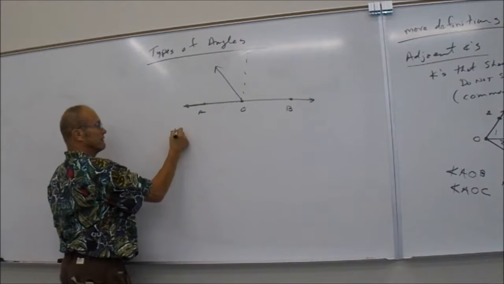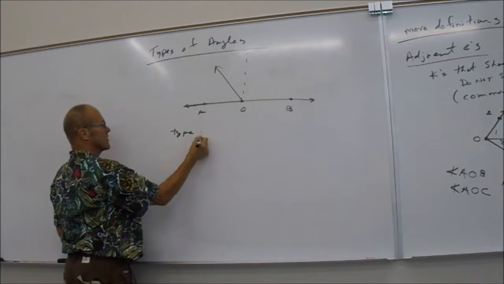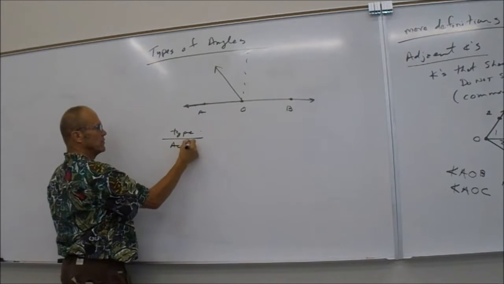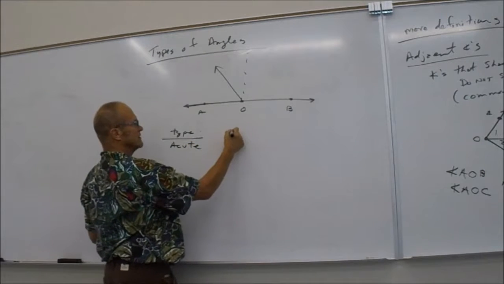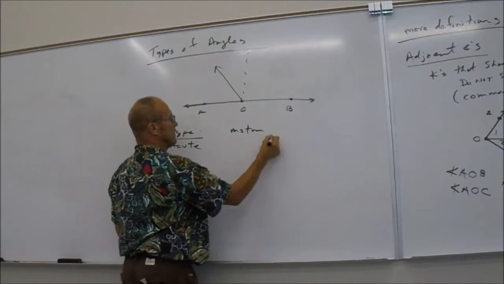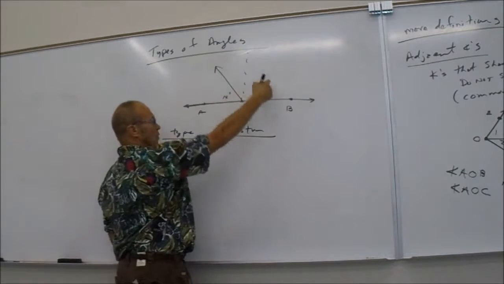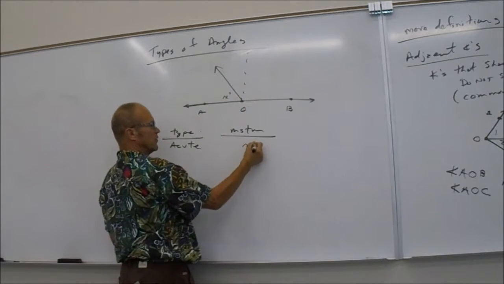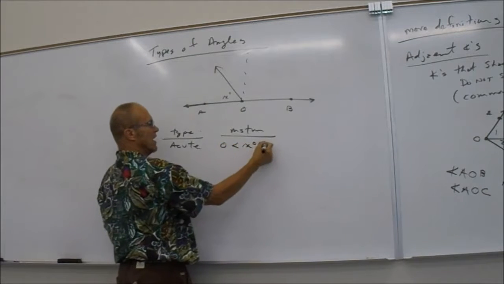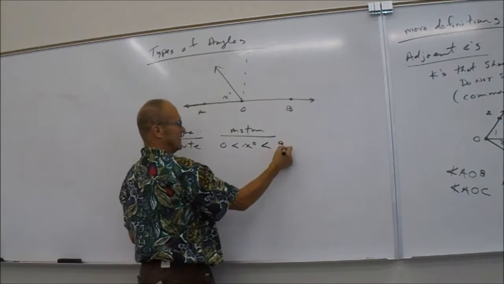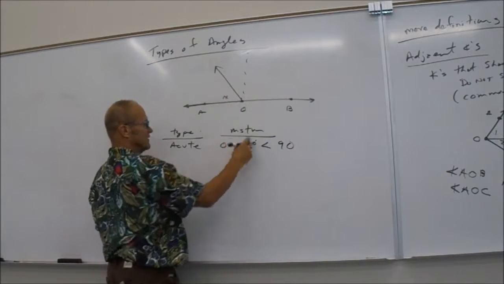So the first type is called acute. And that means that the measurement, if we call this x degrees, is going to be greater than 0 and less than 90.